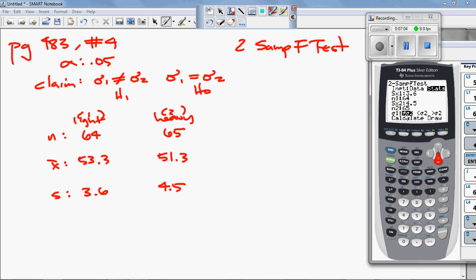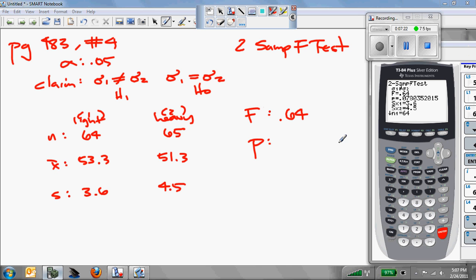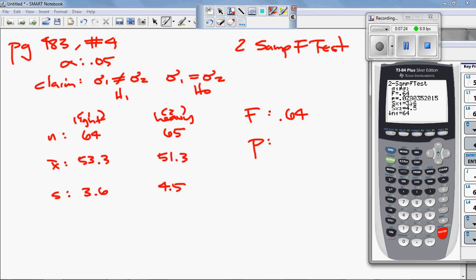We should have the not equal to symbol highlighted. That's our alternative hypothesis. Hit calculate. Write down the test statistic and the p-value. The test statistic is 0.64. And the p-value is 0.0780.